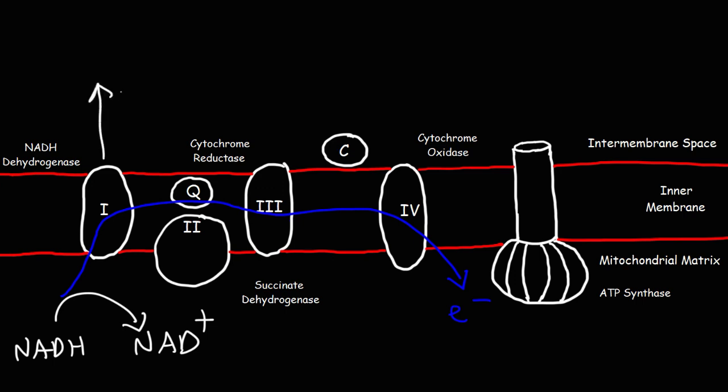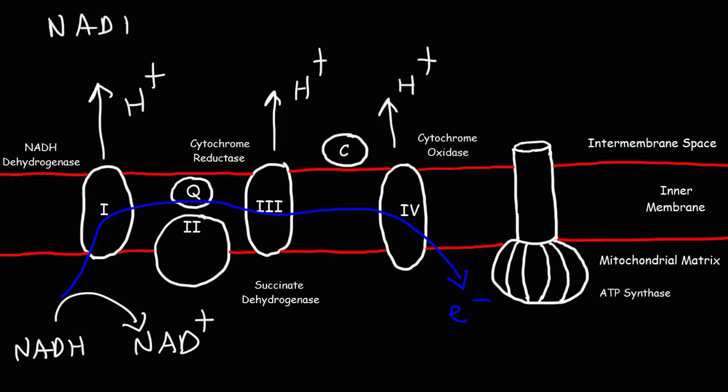And these 3 complexes will be shooting out protons into the intermembrane space. It turns out that one molecule of NADH will yield 3 ATP molecules. And this is proportional to the number of complexes that NADH activates.